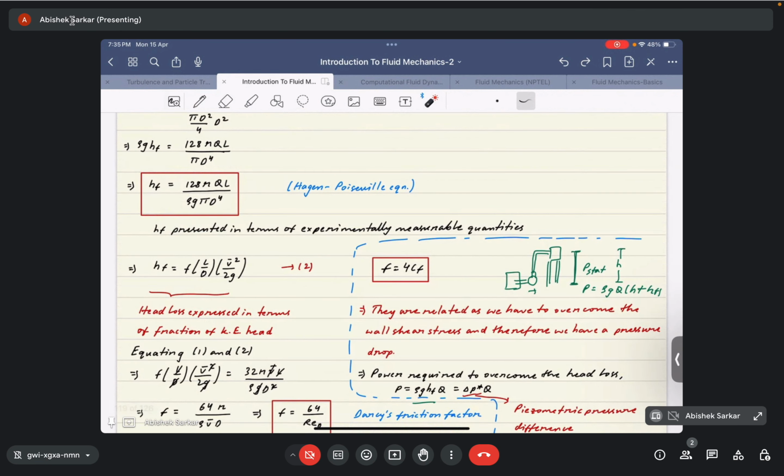Now, you can also represent hf, or the head loss due to friction, in terms of the fraction of kinetic energy head. Why the fraction of kinetic energy head?